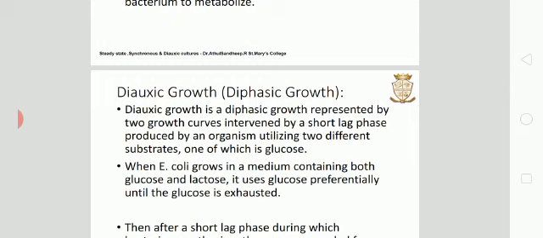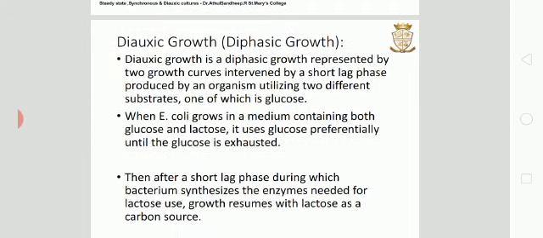For example, when E. coli grows in a medium containing both glucose and lactose, it uses glucose preferentially until the glucose is exhausted. Then after a short lag phase, during which bacteria synthesize enzymes needed for lactose use, it utilizes the lactose.